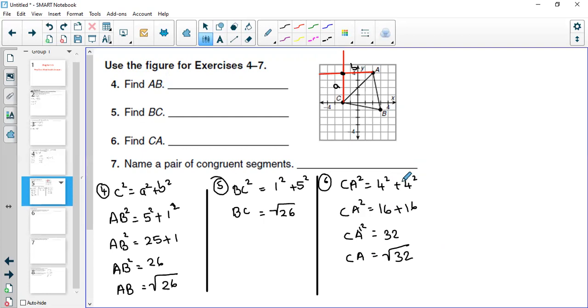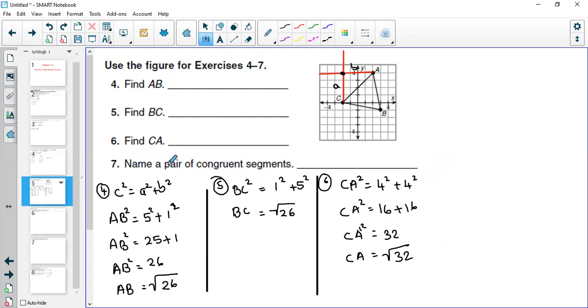Or there is, if you think you want to learn something new, you can learn from this. Here you have 4 square, right? Now you can say that the root of... no, I think it's better I avoid it. I don't want to confuse you at this stage. So you leave the answer like this. So CA, the distance between C and A, is going to be root of 32.